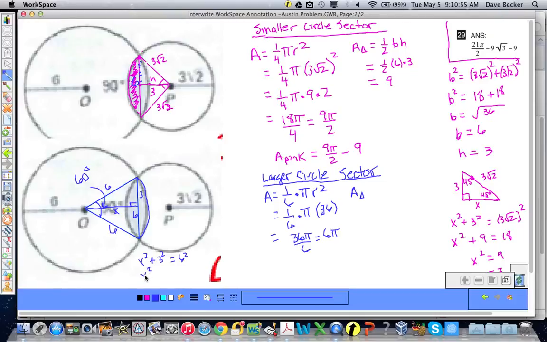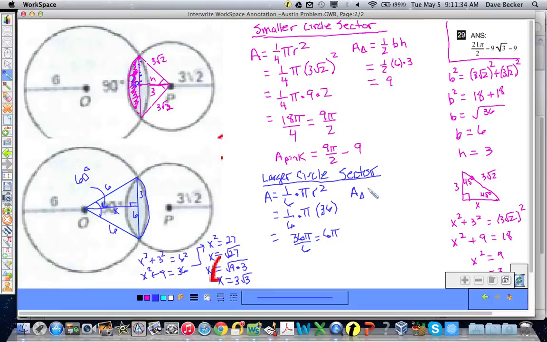X squared plus 9 equals 36. X squared equals 27, subtracting 9 from both sides. So x equals root 27, which I'm going to simplify. X equals square root of 9 times 3, rewriting 27 as 9 times 3. I can simplify that radical because the square root of 9 is equal to 3, so I'm going to write that as 3 root 3. So that's the height of this triangle.